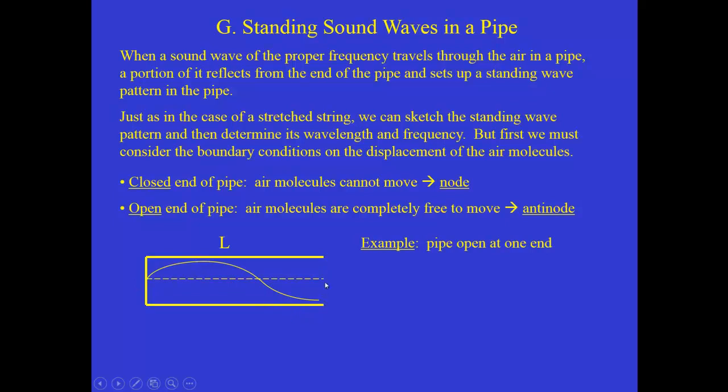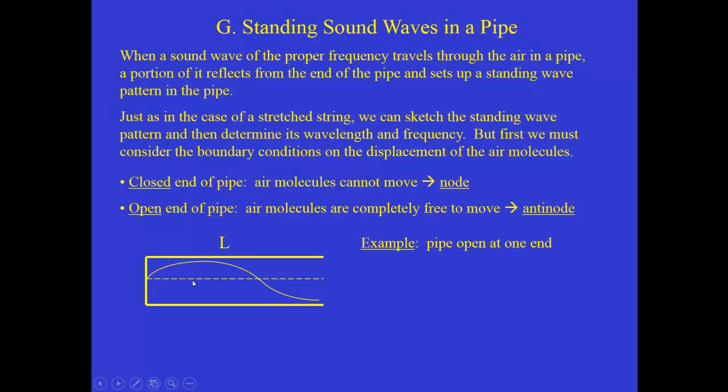Now notice, this is a little bit of an oversimplification to this picture, because the sound wave is actually composed of air molecules that move horizontally. They move along the length of the pipe, which is the direction of propagation of these waves. But in order to show it in a simplified picture, I'm going to draw these wave patterns as if we really had something more like a wave on a string.